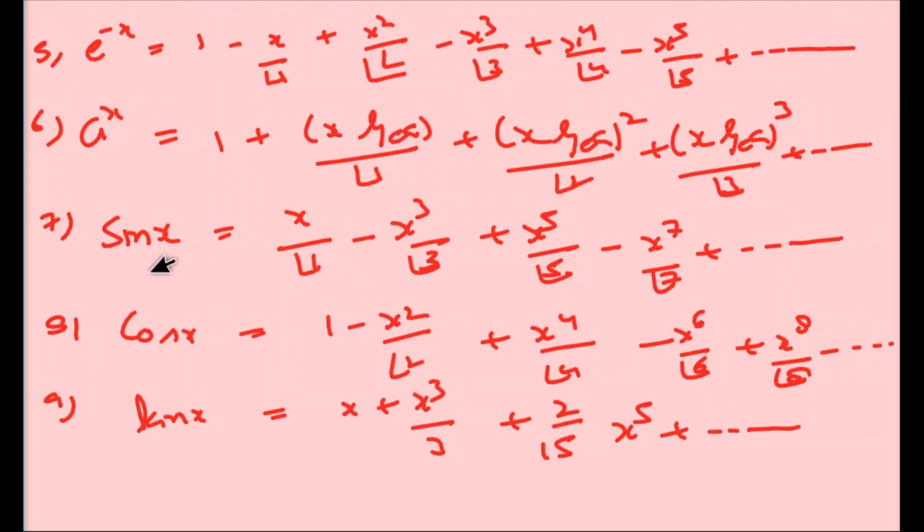Student, these three, sin x, cos x and tan x, we will find using the Binomial Theorem and the exponential series of e^x. Comparing this, we can write e^(ix) equals cos x plus i sin x.